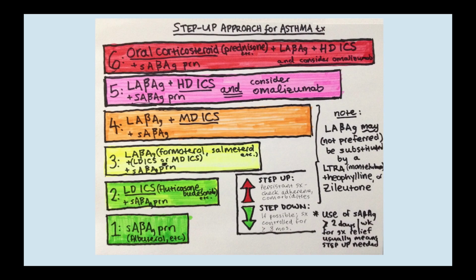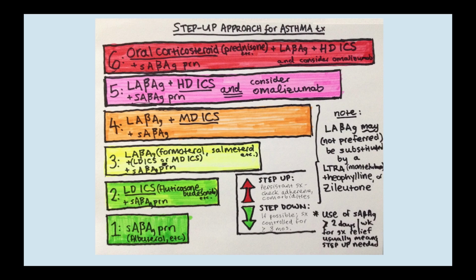Okay. One thing I do want to emphasize just for clinical practice: on the USMLE, you'll always be given the drug names, but keep in mind that these long-acting beta agonists and the inhaled corticosteroids are typically given as one inhaler. So you'll hear drugs like Advair.